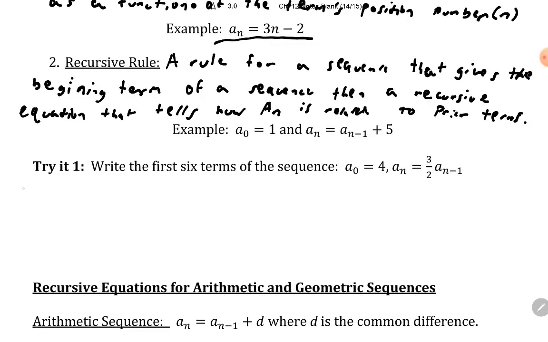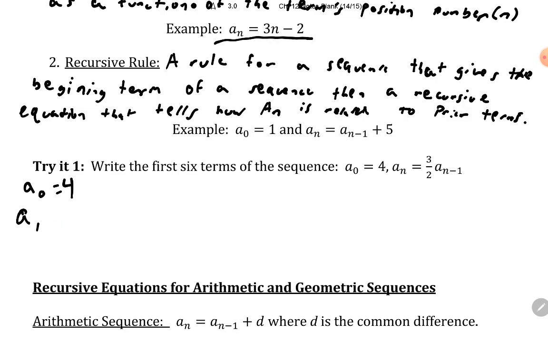Find the first 6 terms of the sequence. Start off with the first term. They call the beginning term a sub 0, but you can call it the first term. The first term is 4.